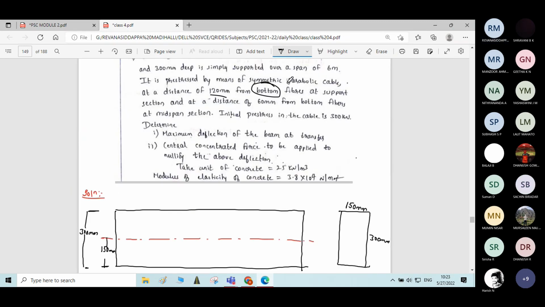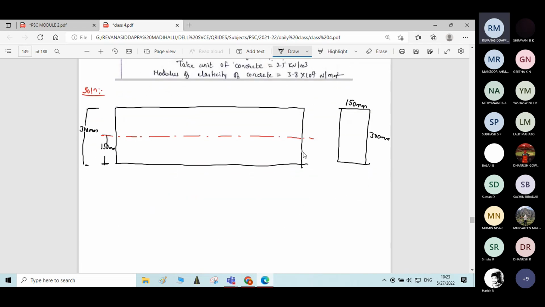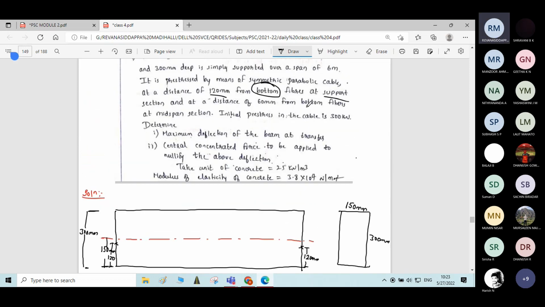Okay, you just go through the problem. He says that it is prestressed by means of a symmetric parabolic cable at a distance of 120 mm from bottom fibers at support. So at support, the cable is at a distance of 120 mm from bottom fiber. Here also same thing, 120 mm at support.